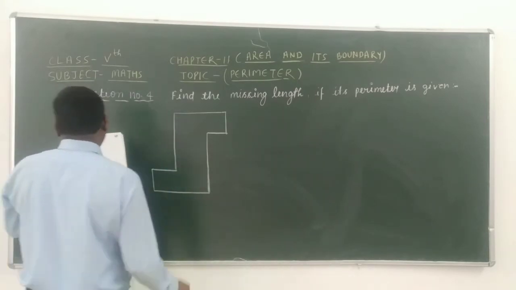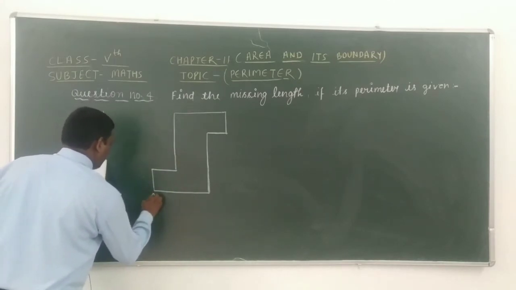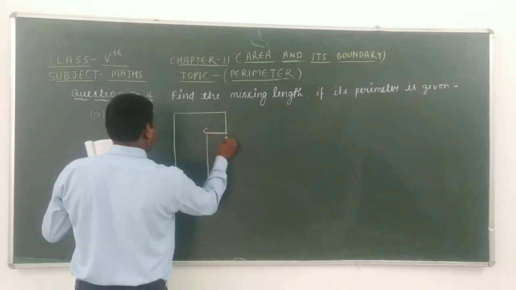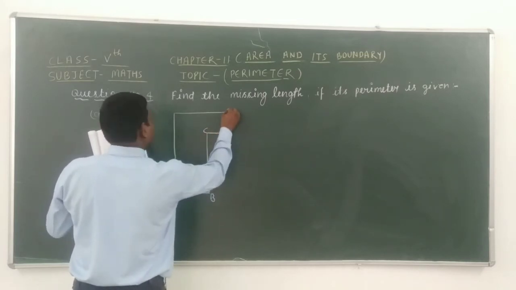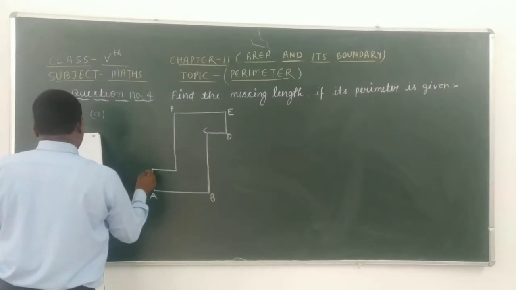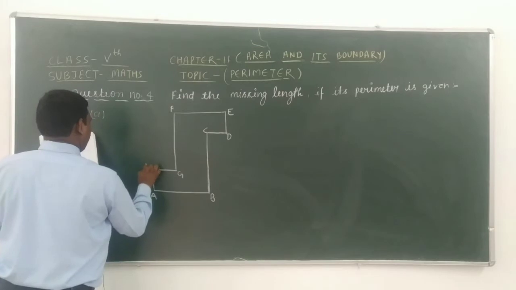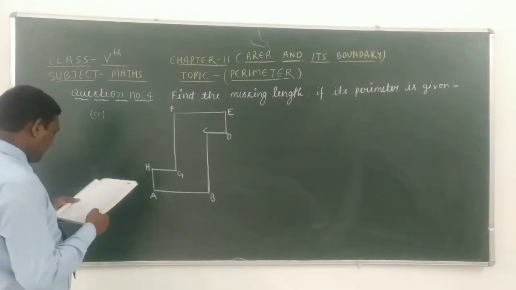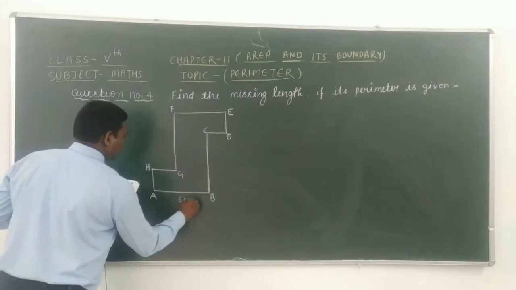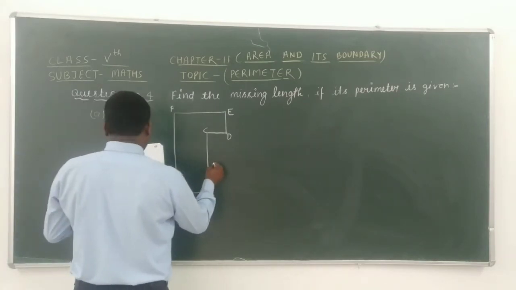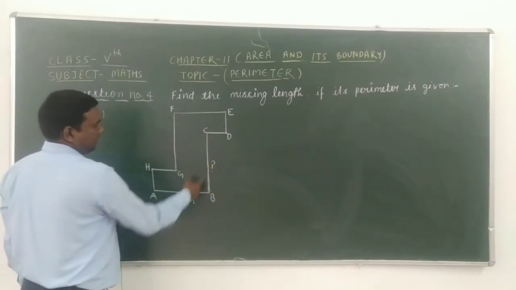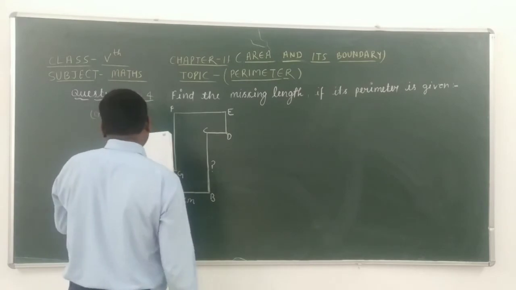Okay, dear students, the figure has points A, B, C, D, E, F, G, H. The length of AB is 6 centimeter and the length of BC is to be found.